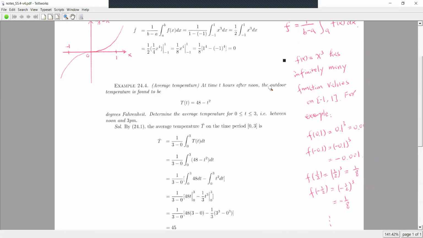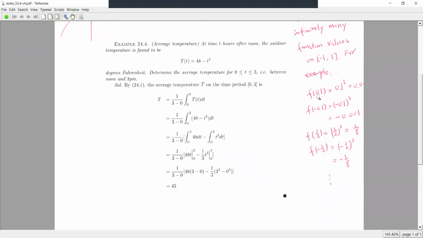For example, the function value at 0.1 is 0.1 to the third, which is 0.001. The function value at -0.1 is -0.1 to the third, which is -0.001. These two function values are in one pair with opposite signs. One is positive, the other one is negative.